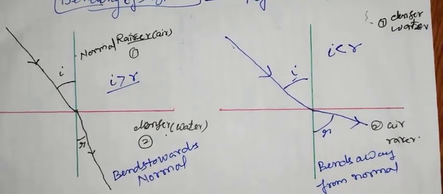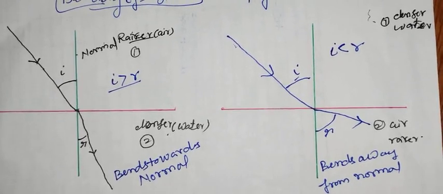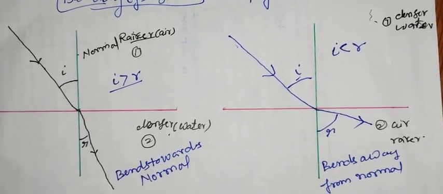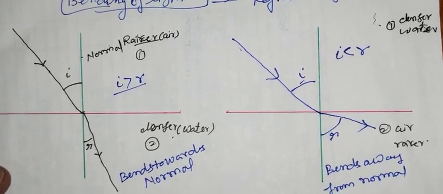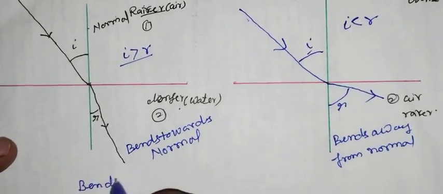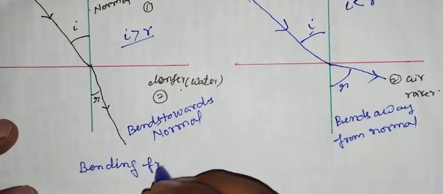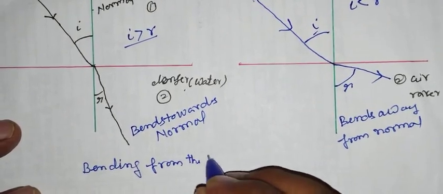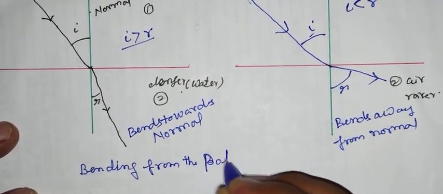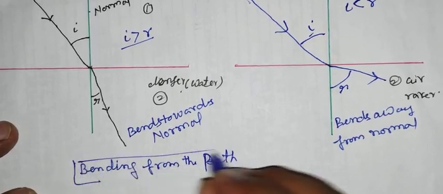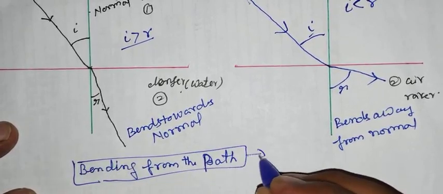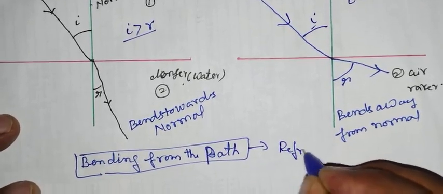What is the common thing? Bending of light, bending from its path. See carefully. The bending of the path of light is called refraction of light.